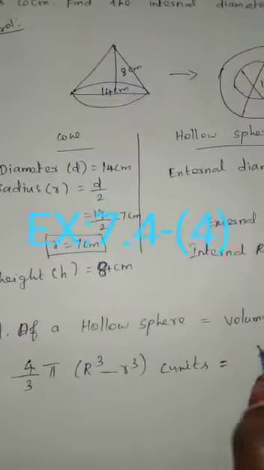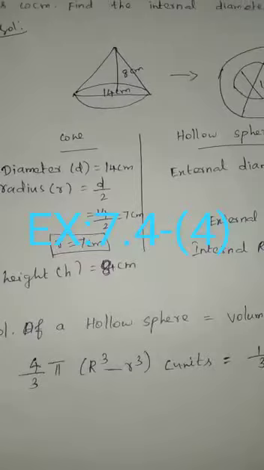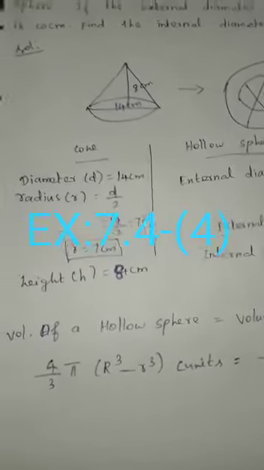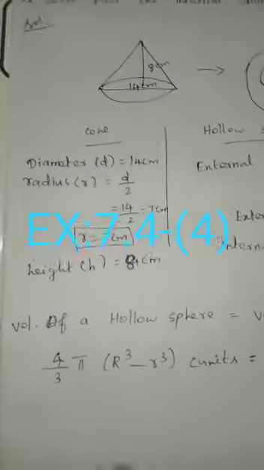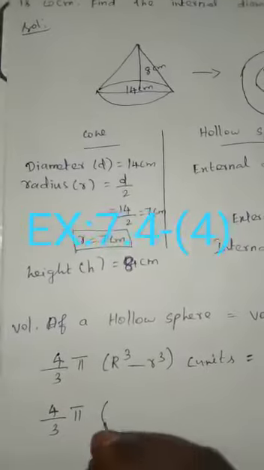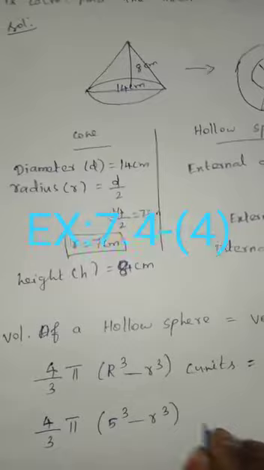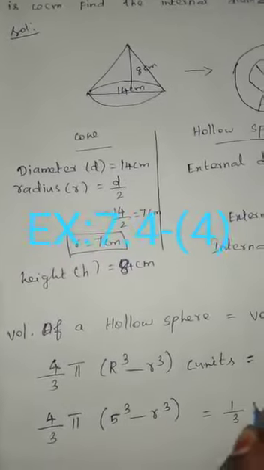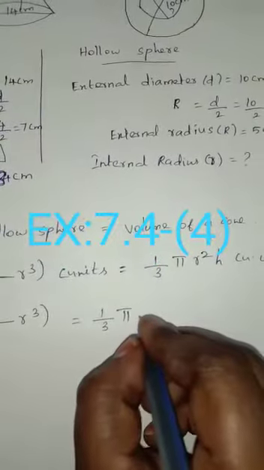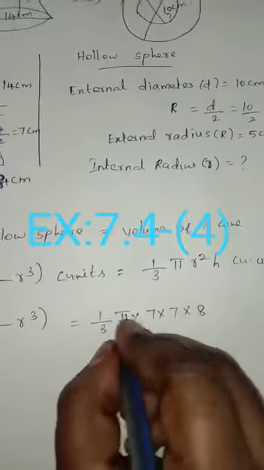Similarly, volume of a cone is 1 by 3 pi r squared h cubic units. Here we substitute the values: 4 by 3 pi (5 cube minus r cube) equal to 1 by 3 pi into 7 into 7 into 8.